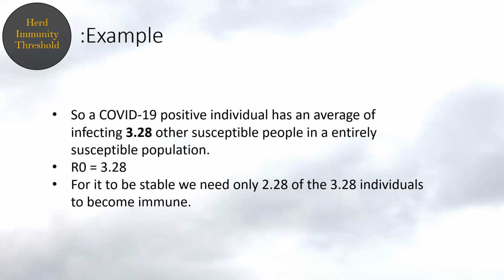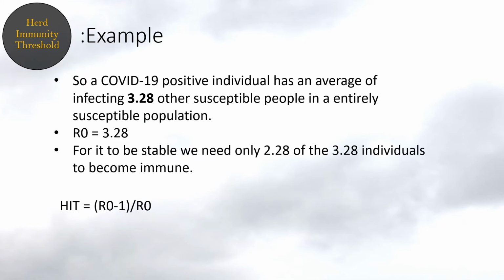So, a COVID-positive individual has an average of infecting 3.28 other susceptible people in an entirely susceptible population. So the R0 is 3.28. We'd want to take away 2.28 from this to make it at least become stable. But ideally we would want to reduce it even more by immunizing more.